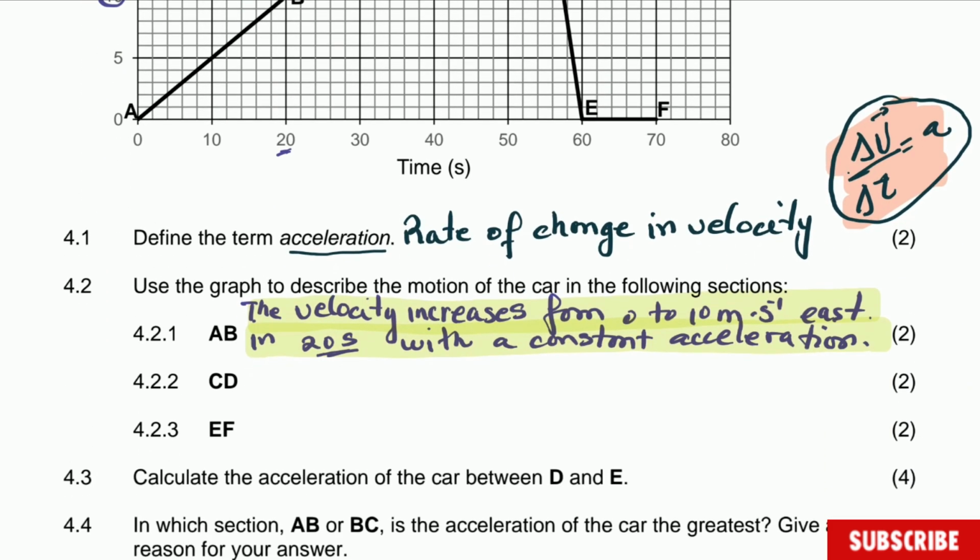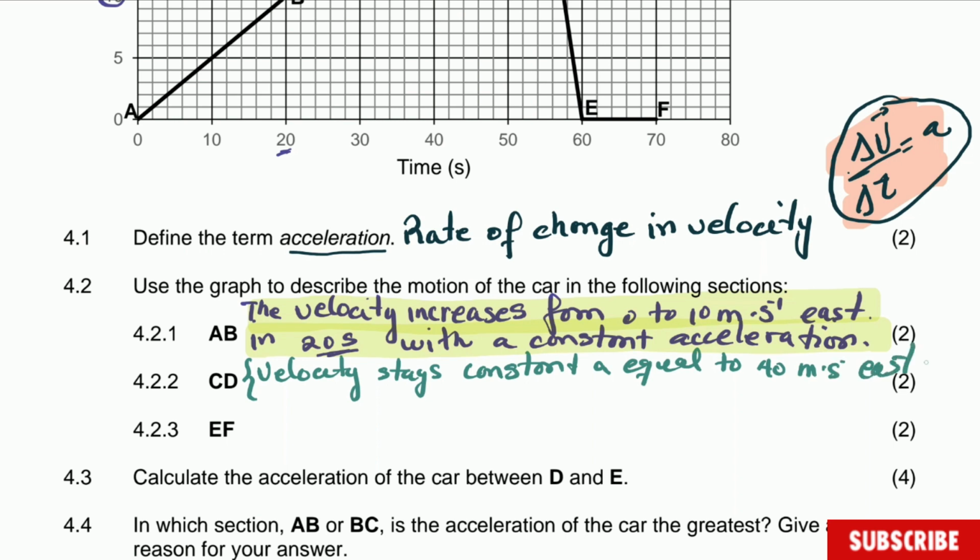Let's write that here: velocity stays constant and equal to 40 meters per second east. That is the first important thing. The velocity stays constant, it is equal to 40 meters per second, and the direction is east.